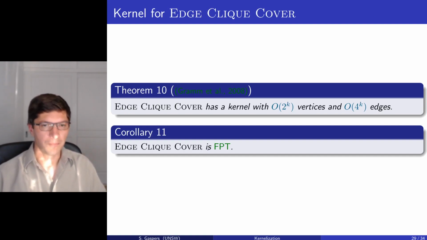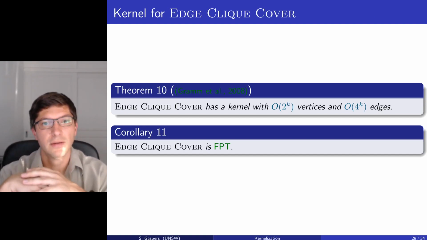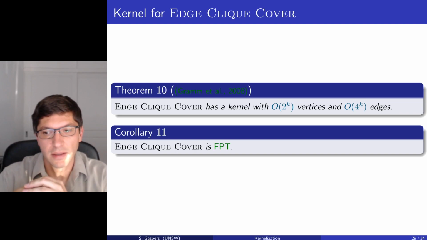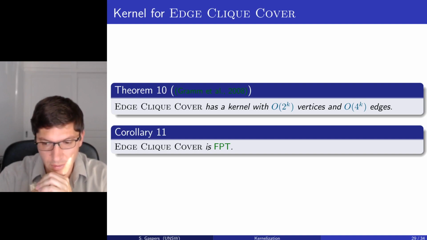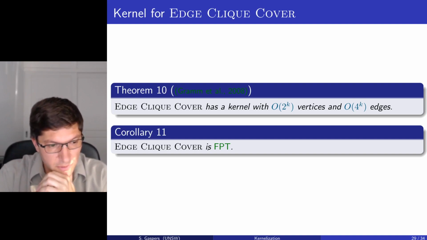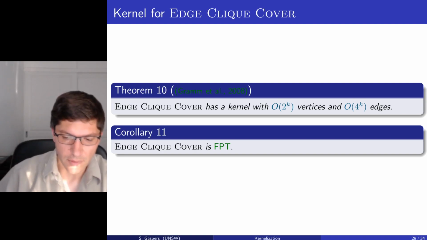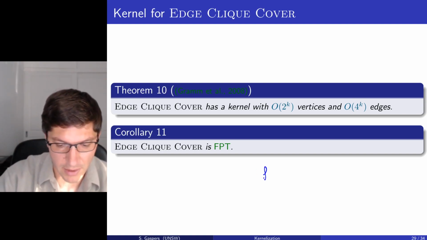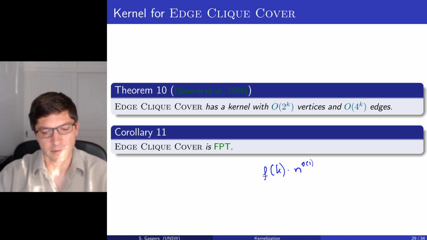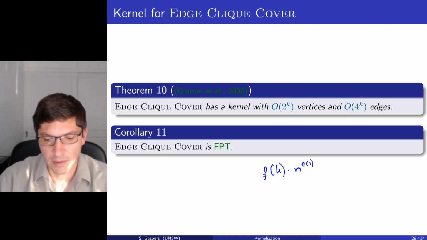The other thing I want to point out is that this theorem 10 implies that edge clique cover is fixed parameter tractable. So what was fixed parameter tractable? It said there's an algorithm that solves this problem in time f of k times a polynomial in n, where n is the instance size, k is the parameter.